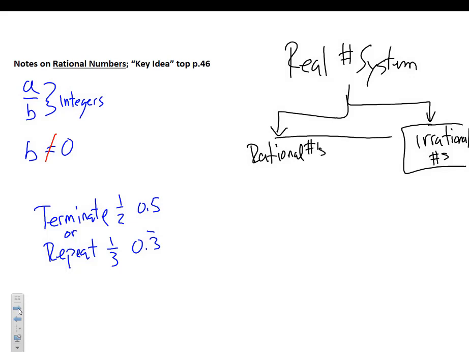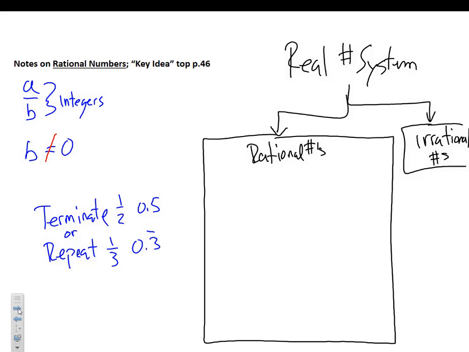Our rational numbers are a much larger set of numbers. You've been dealing with rational numbers since you started doing math, and there's probably only one irrational number that you've really dealt with up to this point. But right now, we're talking about our rational numbers.